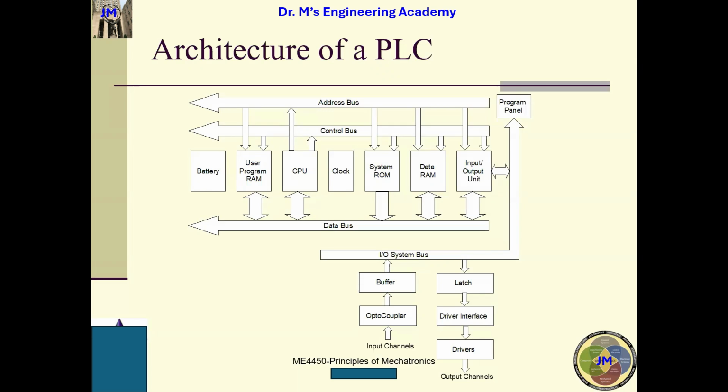Battery is always there. Without the battery, what will happen? What's the function of the battery? Without the battery, the system memory will disappear. So we have the address bus and control bus, and this is the system bus.